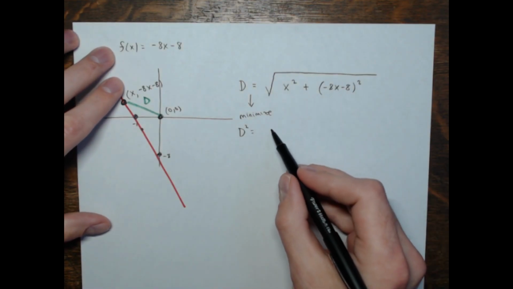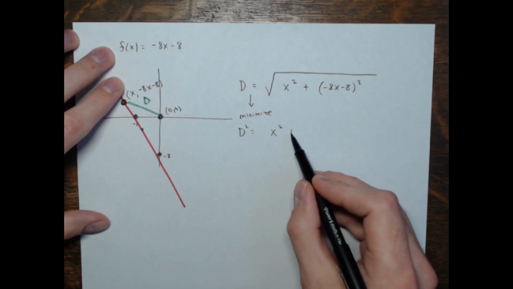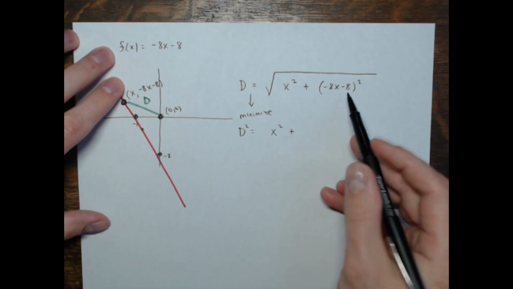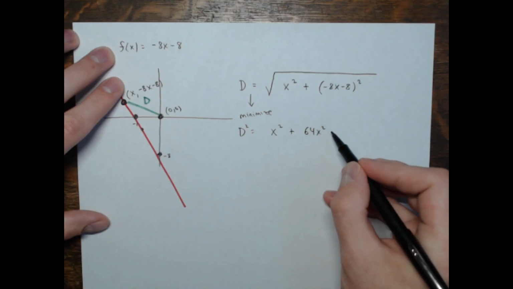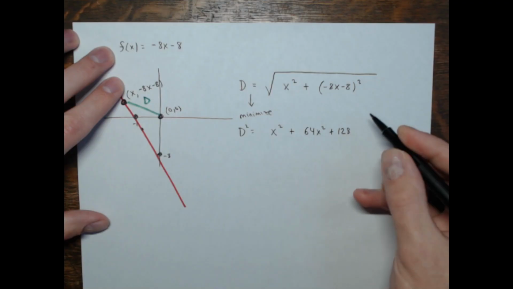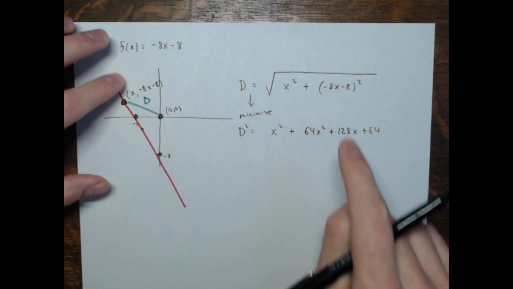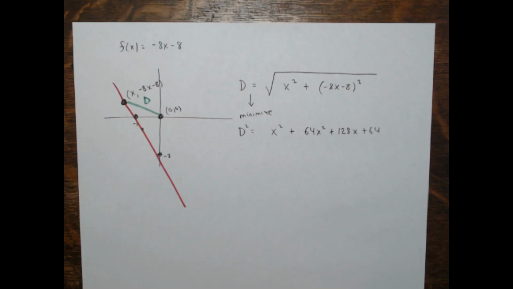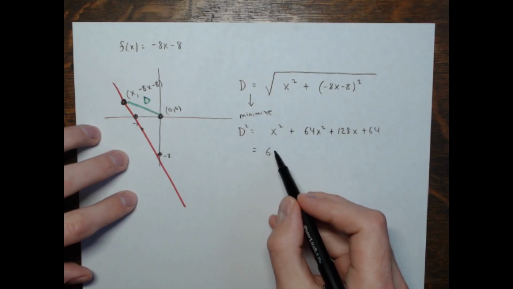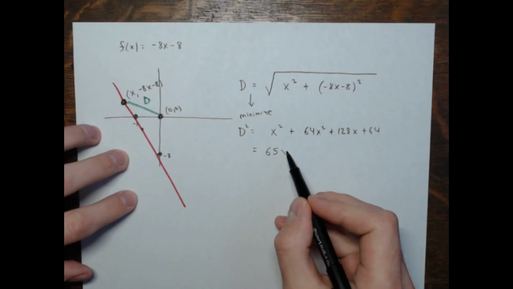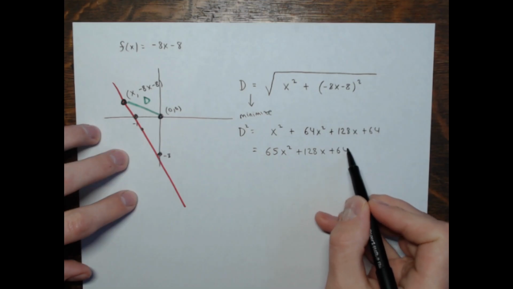So if I get rid of this square root, we can just look at this function. D squared is x squared plus, I'll multiply this out, 64x squared plus 128x plus 64. So we've got 65x squared when you put things together, plus 128x plus 64.